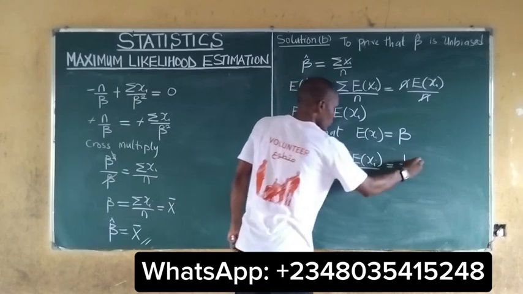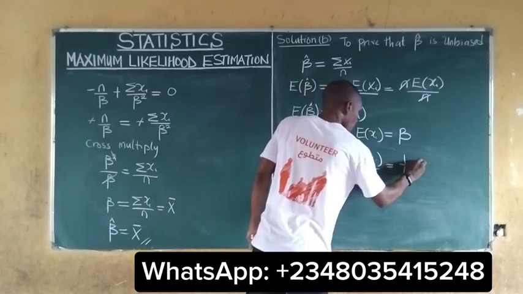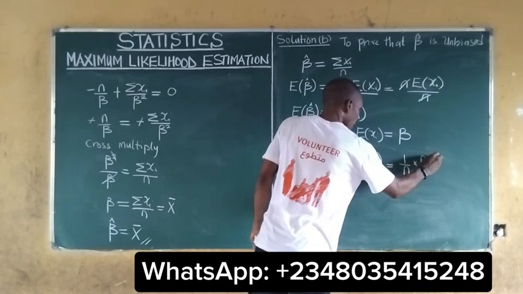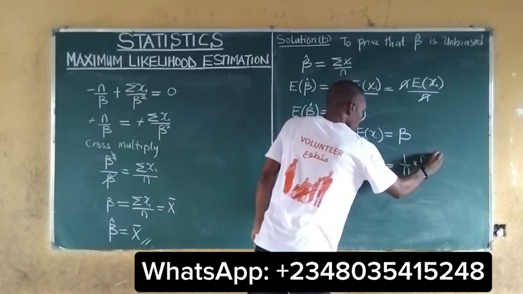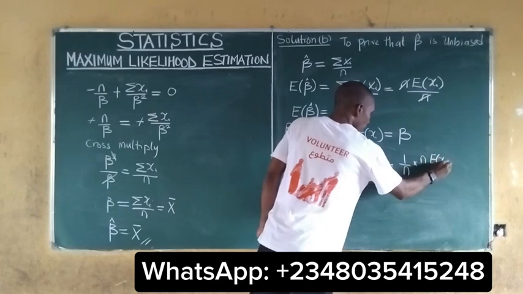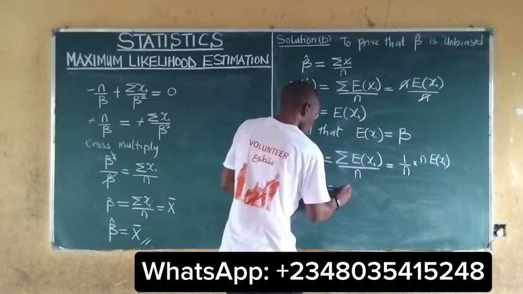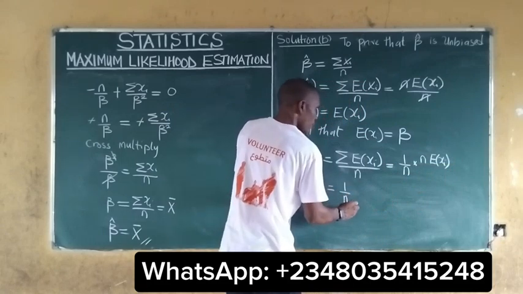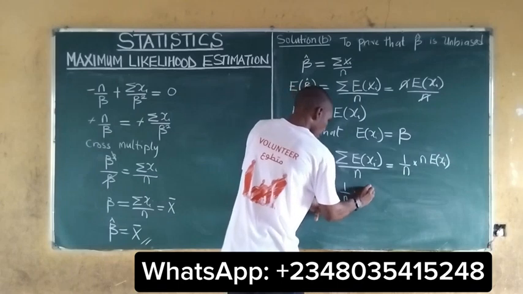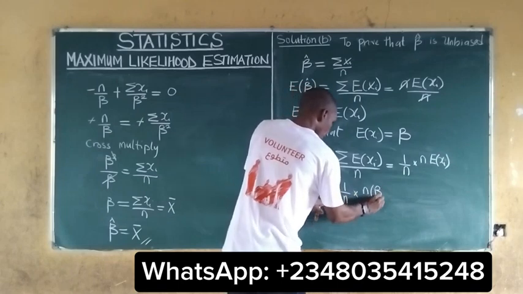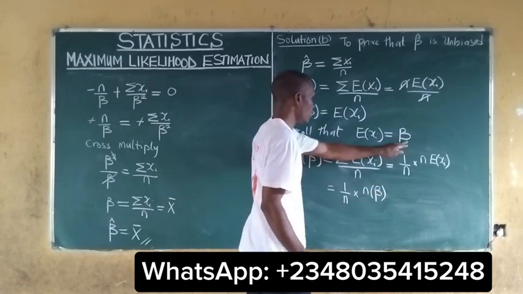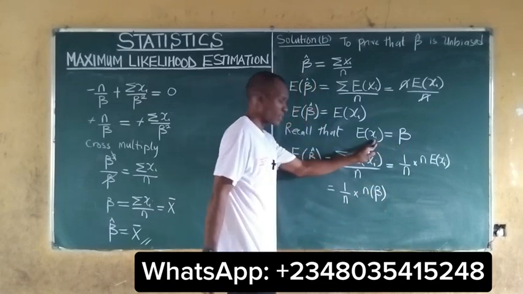If you sum this, you have n multiplied by the expected value of xi, which is also equal to 1 all over n multiplied by n beta, because expected value of xi is equal to beta.